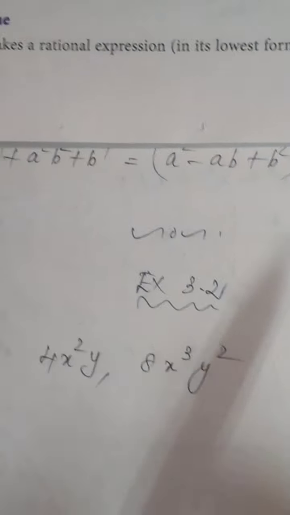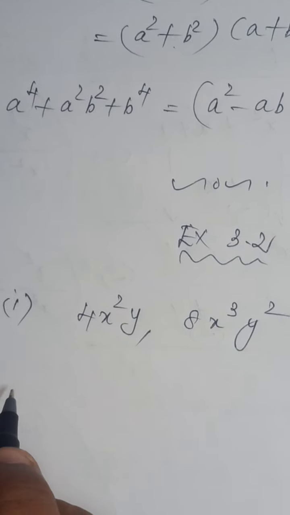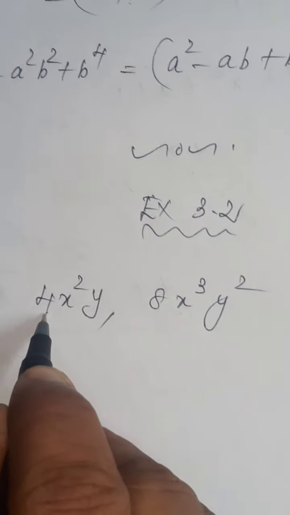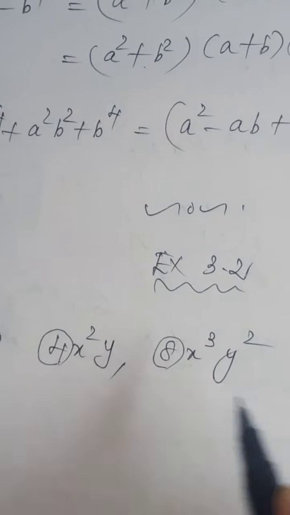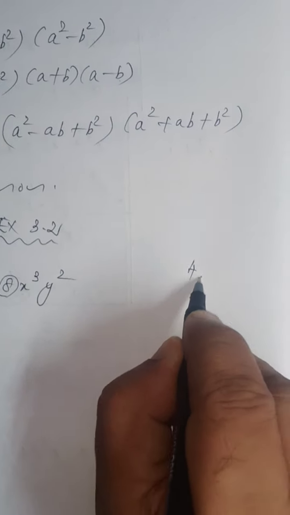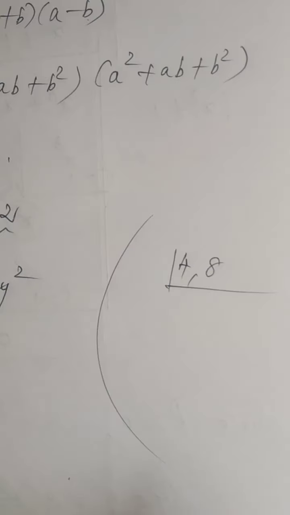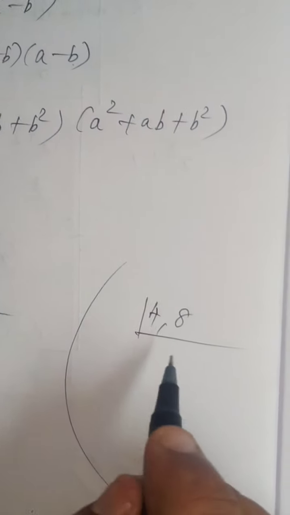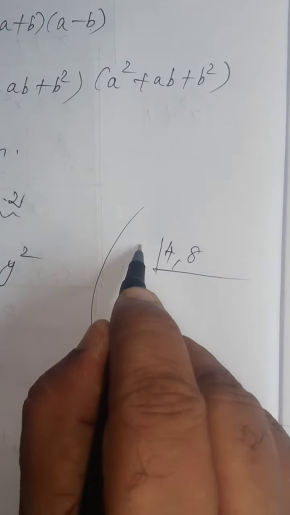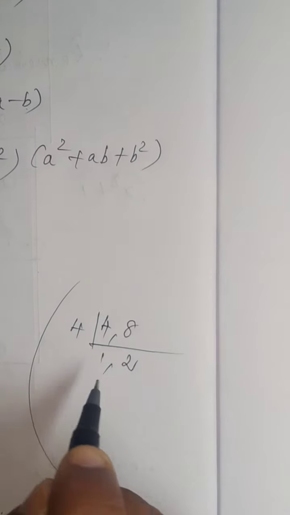In that case, we are not going to apply these identities. Very simple only. You take 4 and 8. Take the LCM for 4 and 8. This method I have already learnt in the lower classes. 4 and 8 can be divided in 4 table, isn't it? 1 time and 2 times.